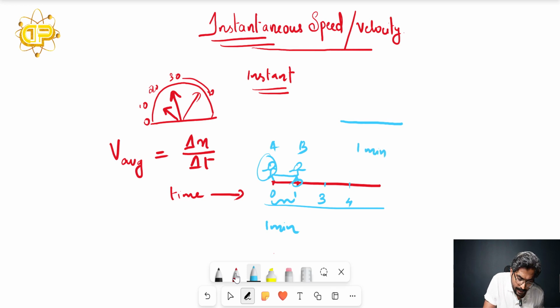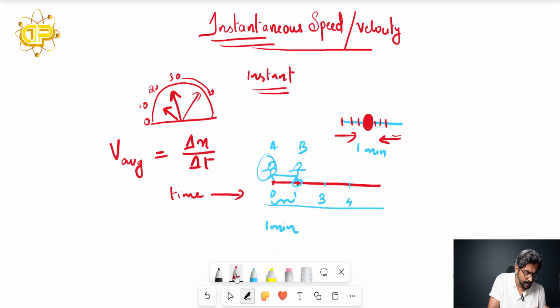If I want to find the position of the object at a particular instant, what should I do? I should reduce my time interval shorter, and at last I can find that particular point.